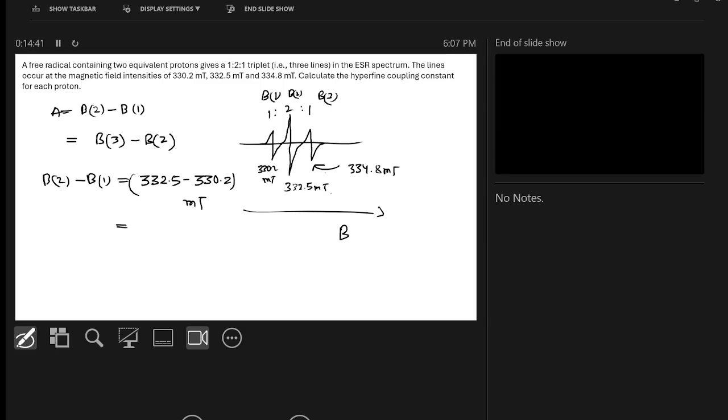Correct? So you get something like 2.3 millitesla. Similarly, you can calculate B3 minus B2: 334.8 minus 332.5 millitesla, and this will be equal to 2.3 millitesla. The gap between two peaks is 2.3 millitesla, and this gap we call the hyperfine coupling constant.